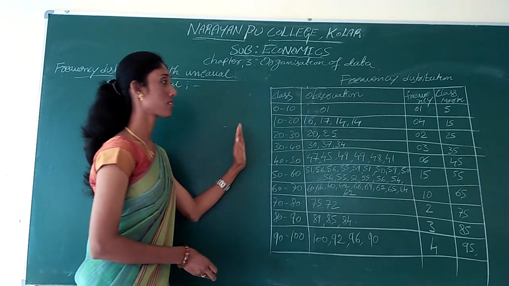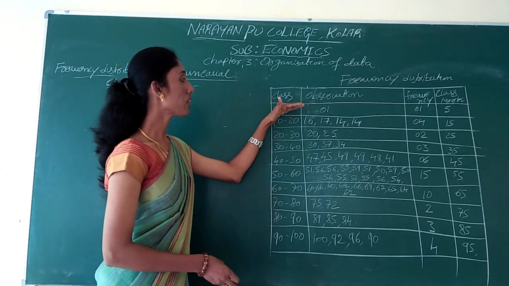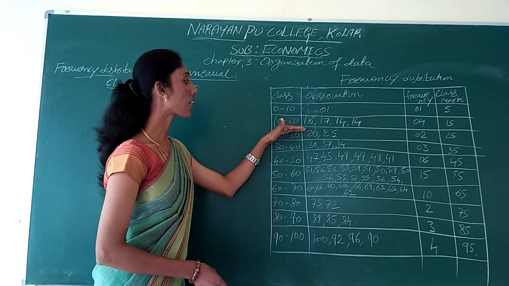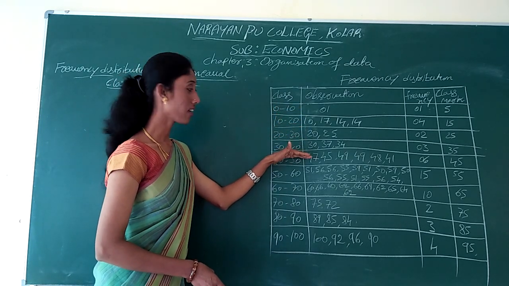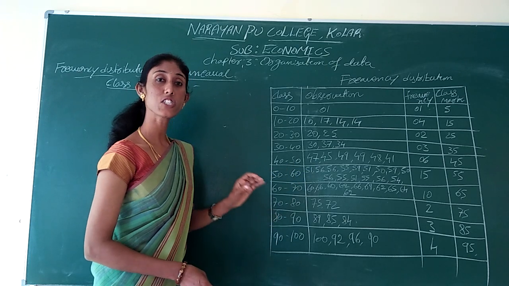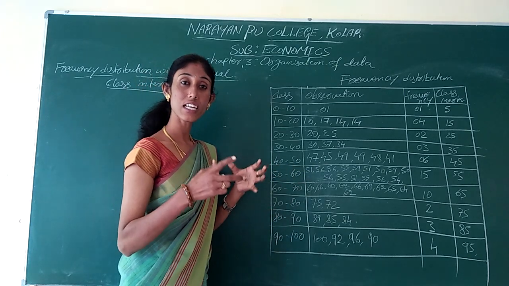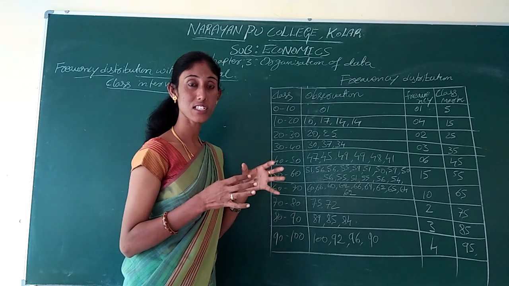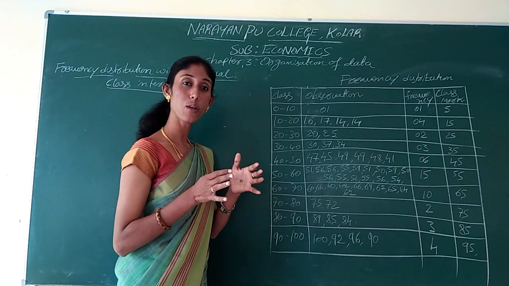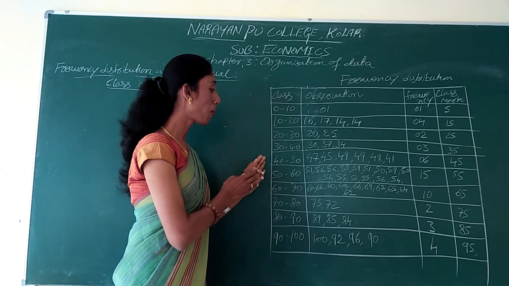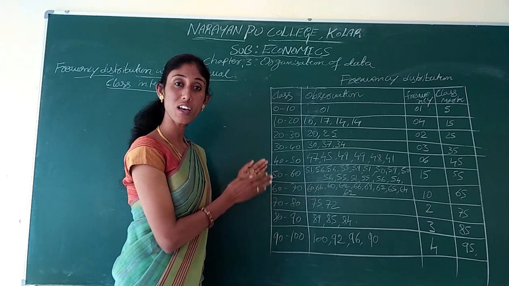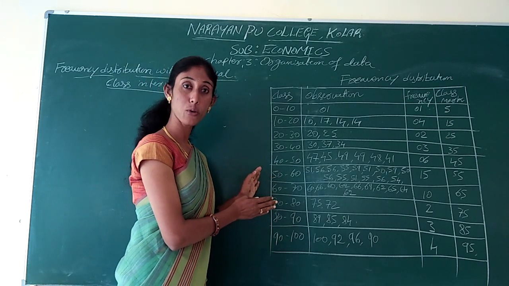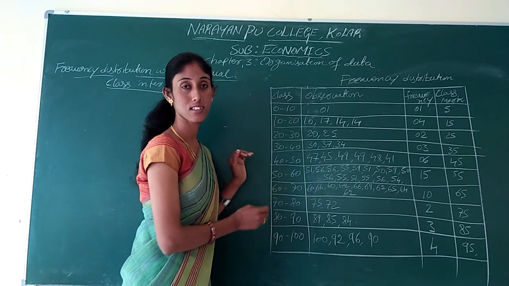When we have equal class intervals, sometimes there is a chance of concentrating the values in particular classes. Concentration means a larger number of values will appear in one or two particular classes compared to other classes.